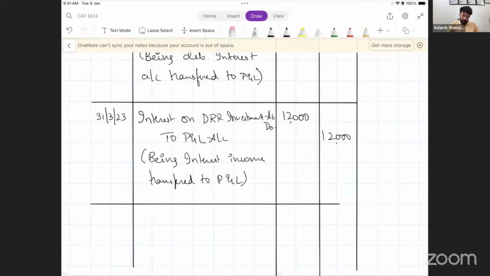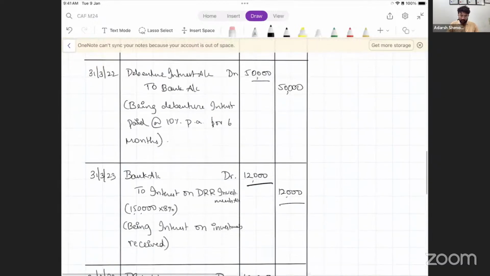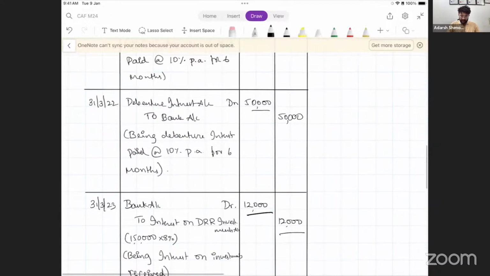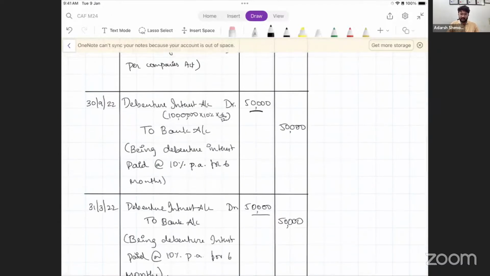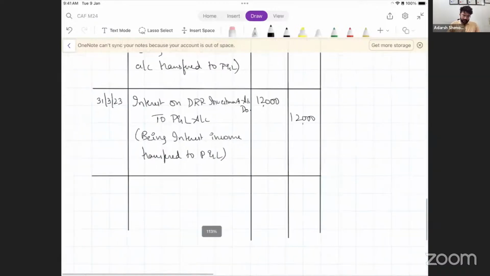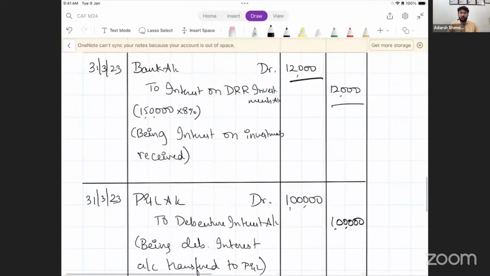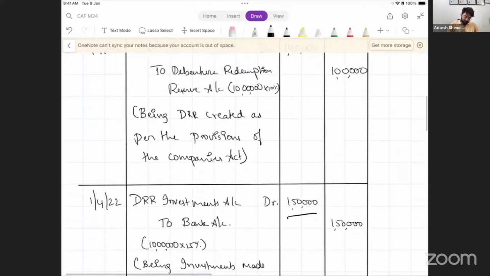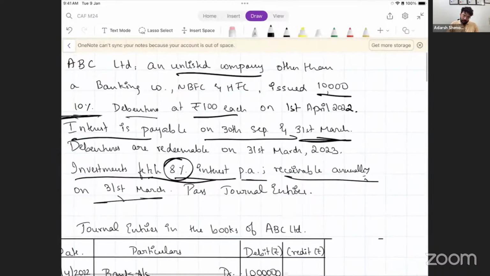That's it. We passed totally 5 entries this time because interest was paid semi-annually, right? So we had to pass 2 payment entries. Next, we will have to go for redemption. When is the redemption of debentures happening? On 31/3/23 itself. No more routine entries. If 1 more year was there in between, I would have to pass interest payment entries again.